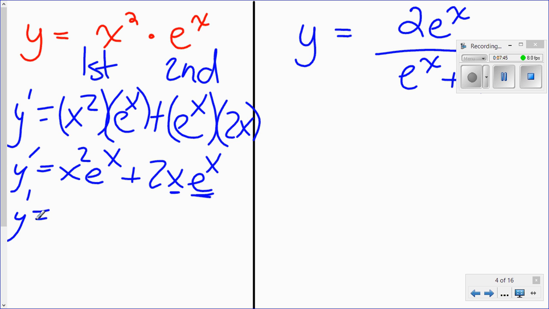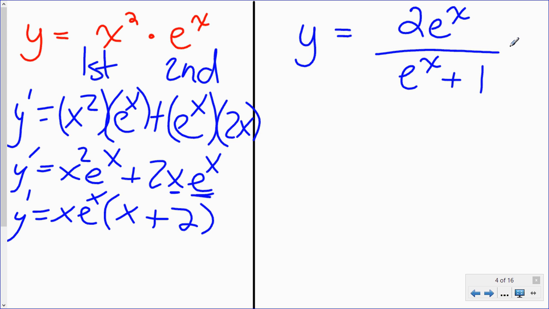So factored form, if we factor out x e to the x, that would leave, from the x squared times e to the x, an x, plus, and then in our second term, if we factor out x times e to the x, that'll just leave a 2. So in factored form, we have x times e to the x times x plus 2.